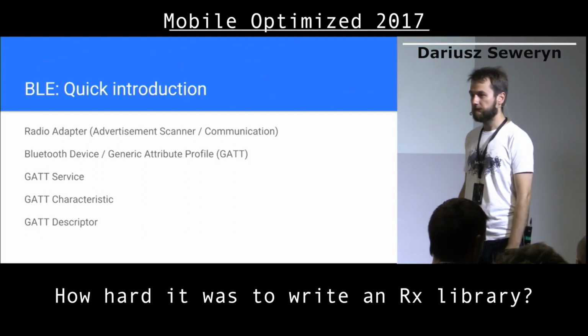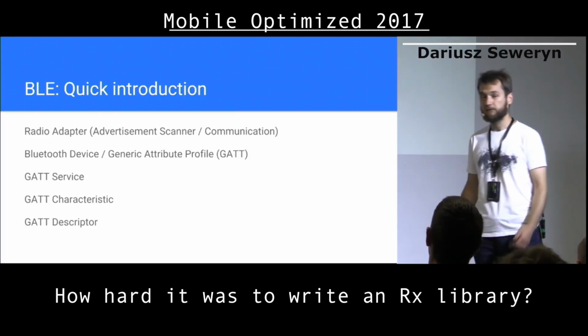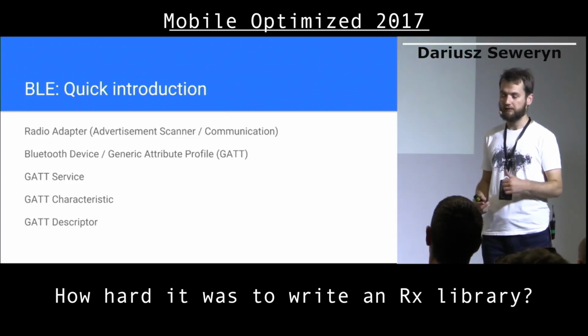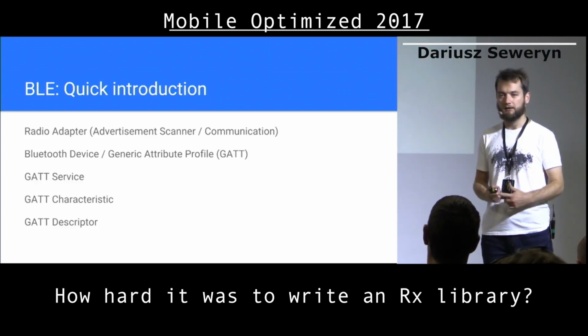Just to give you a few examples. When dealing with a radio adapter, before you can use it successfully, you need to check 3 states. First, if you have the permission for using the Bluetooth, quite obvious.